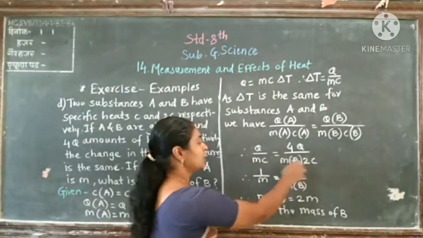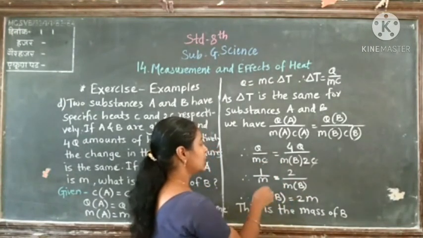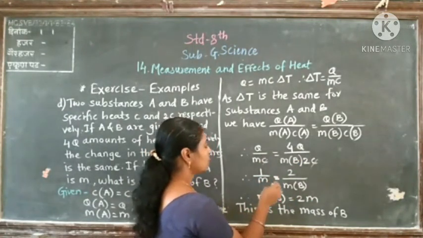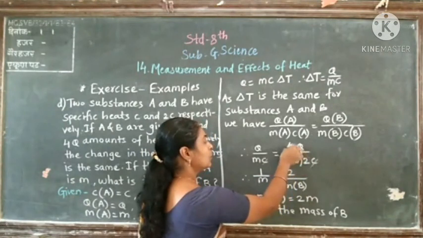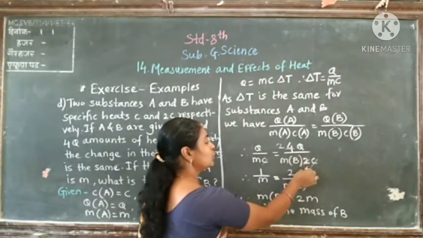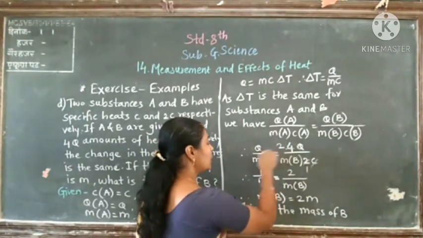Then it is given here. आता इथं बघा हे C and C कॅन्सल होतात, त्याच्यानंतर इथं 2 into 4/2 आहे म्हणजे 1, 2 into 2, 1 जा 2, 2 जा 4. Q आणि Q काय झाले, कॅन्सल.